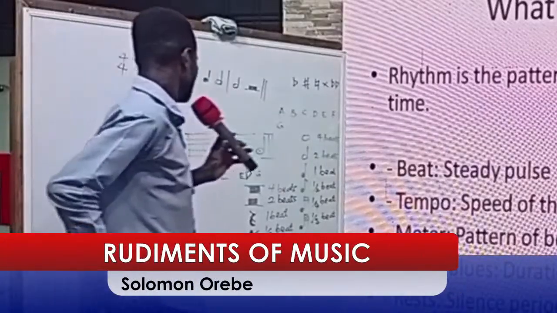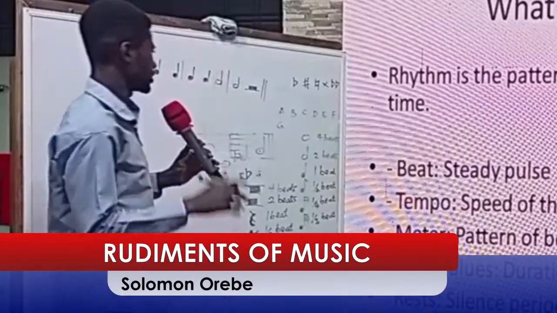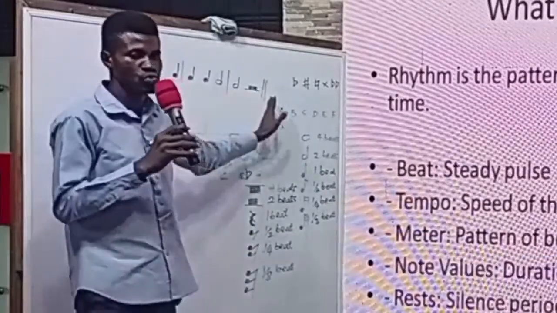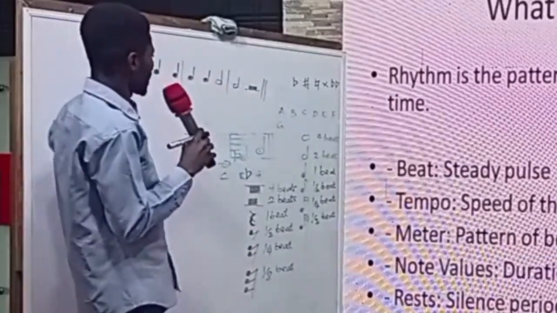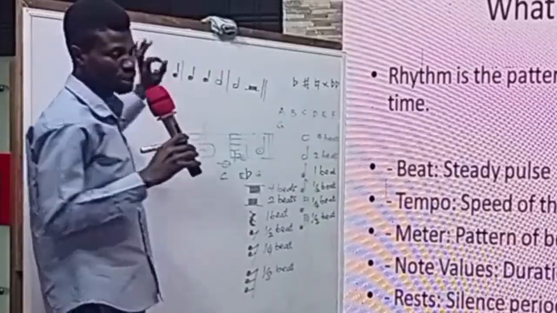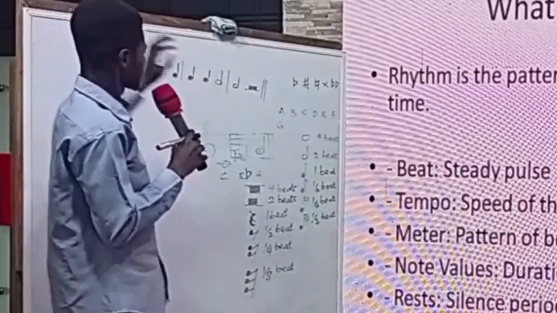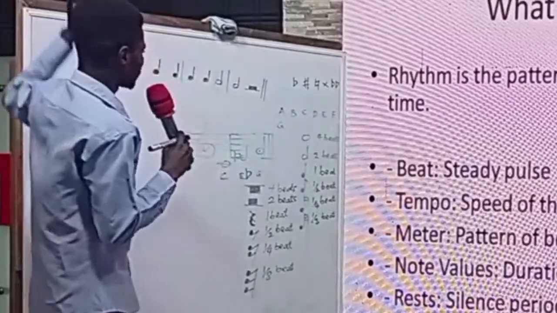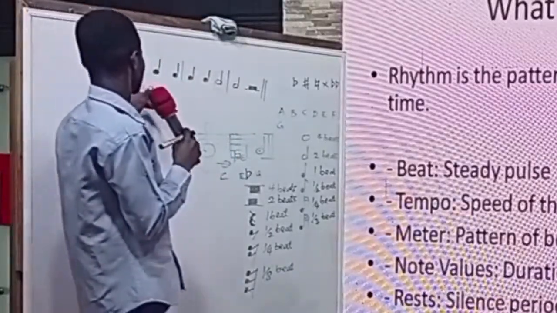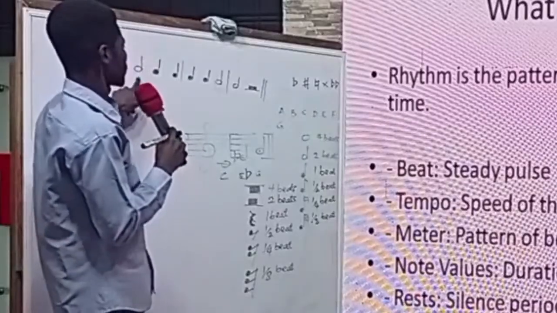If I want to sing this using just one note, I want you to pay attention to the duration of each of the notes and each of the rests. I want to make a little analysis first. So this is going to last for 2 beats.